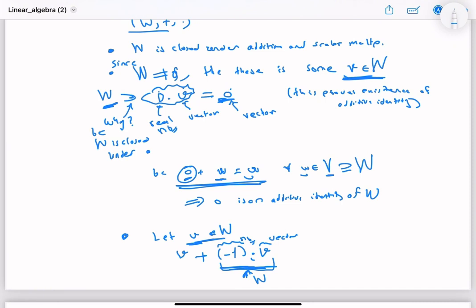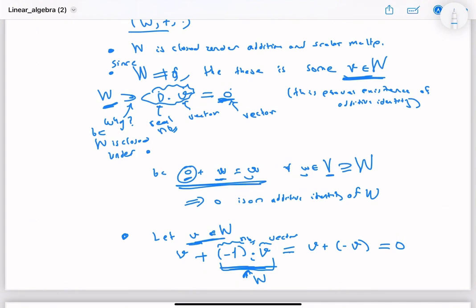But I remind you from the previous video on the properties of vector spaces, we proved, you can check that video in the description below, that -1 times v is itself -v, is itself the inverse of v. This is something that we proved in the previous video. You can check it out. And this is equal to 0.